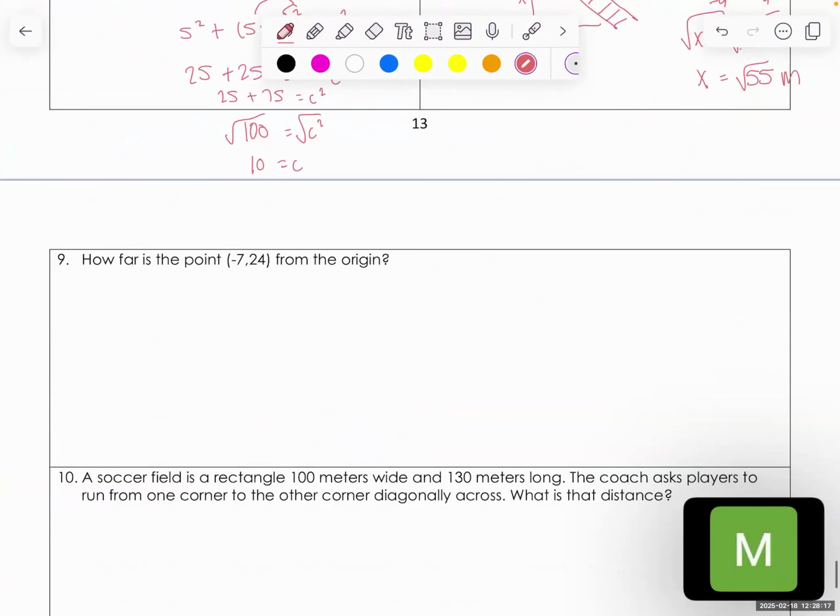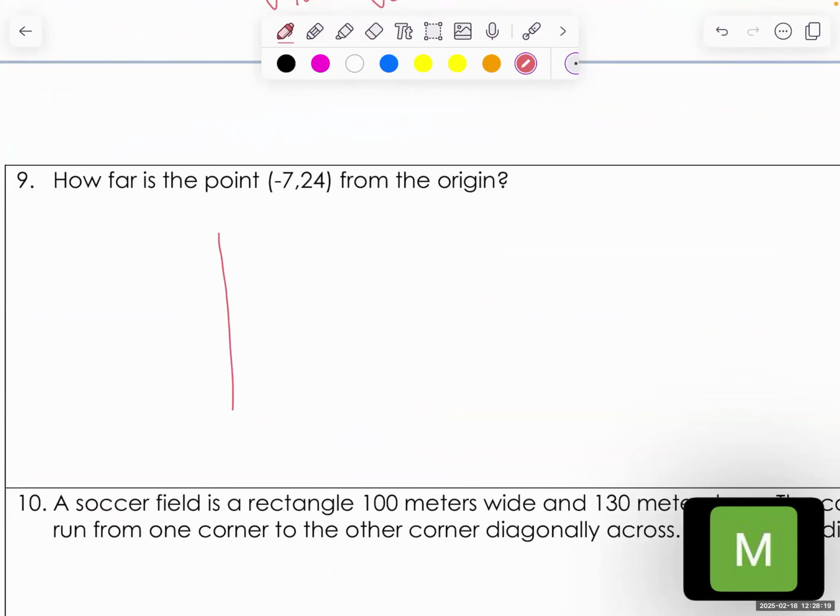So if I think about this one, it says how far is the point, negative 7, up 24? We'll just guesstimate back 7, up 24. That point is here from the origin.